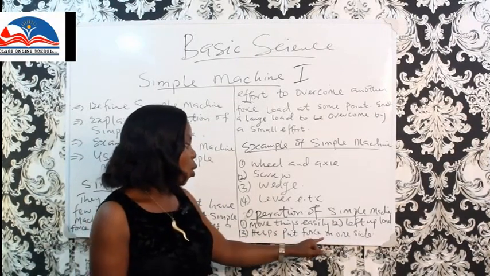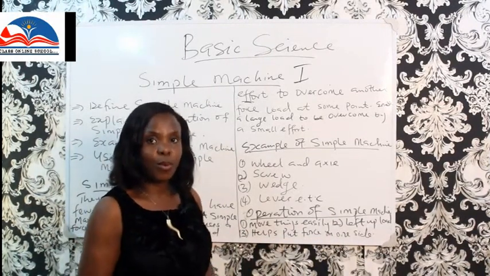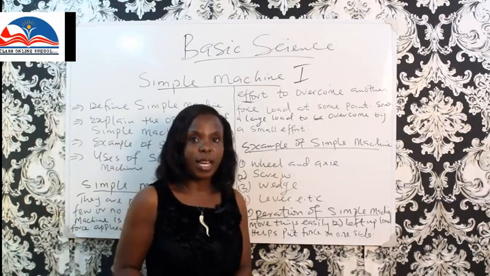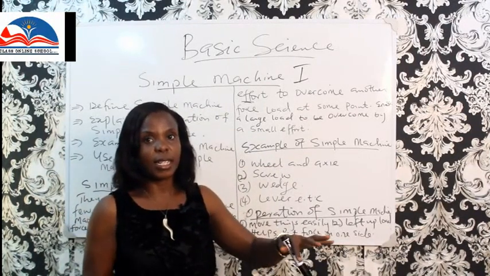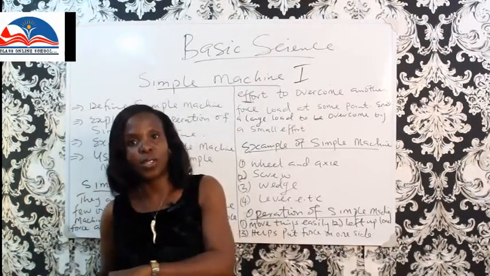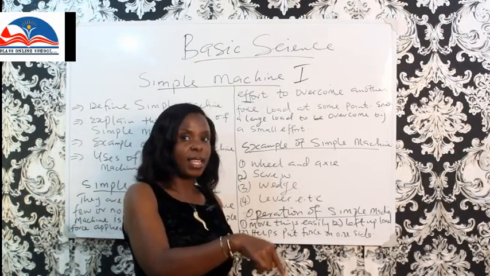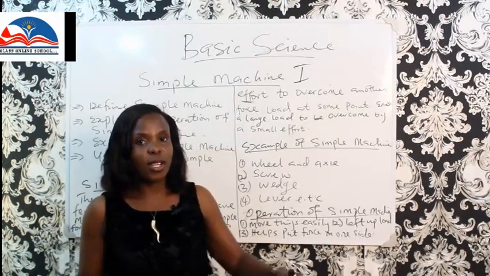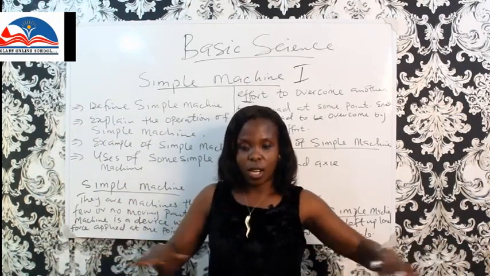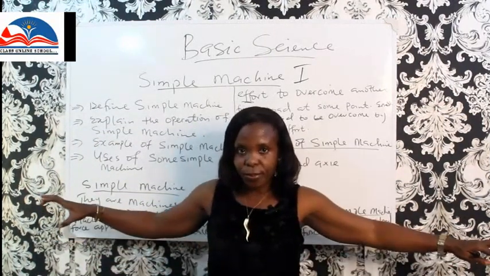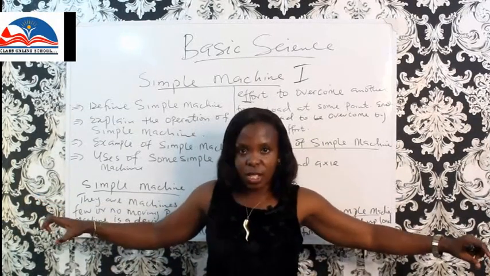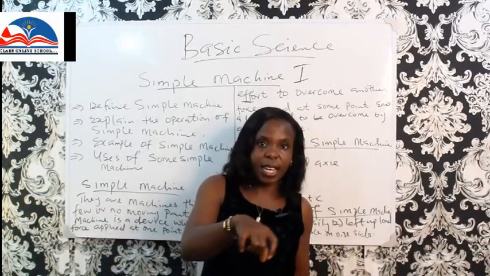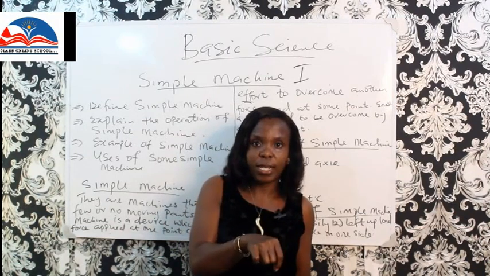It also lets us put force on one side. If for example you are sitting on one side and you want to pull your friend down, you can sit on the other side. Have you seen two people sitting on two edges of a wooden plank with a center support?